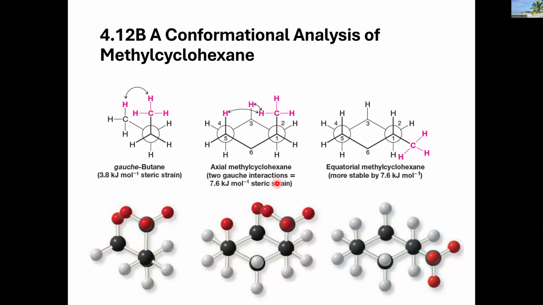So much higher repulsion from the two gauche interactions. Where is that? This gauche interaction and this gauche interaction. So you will notice that the destabilization would be about 7.6 kilojoules per mole.